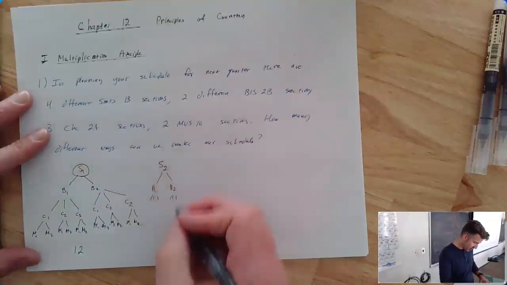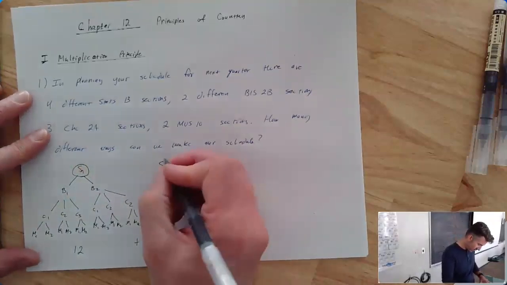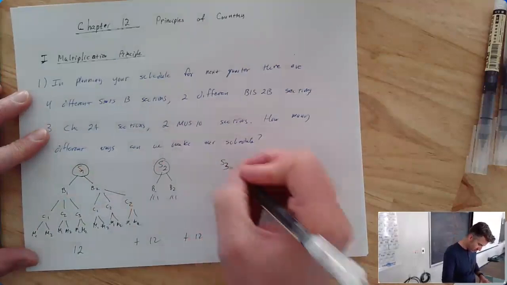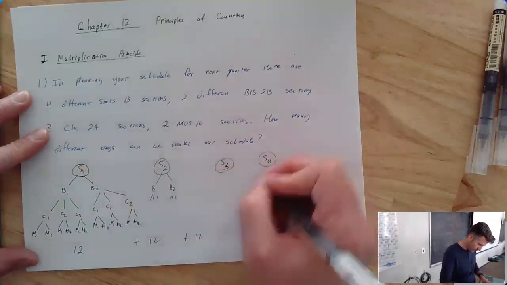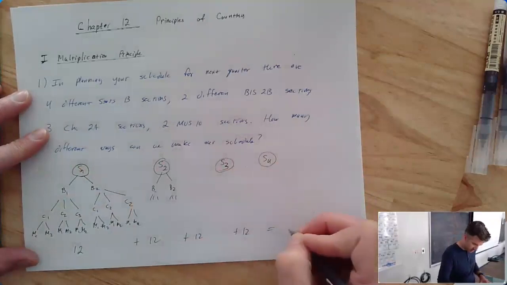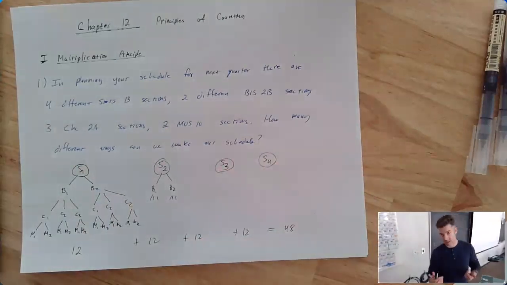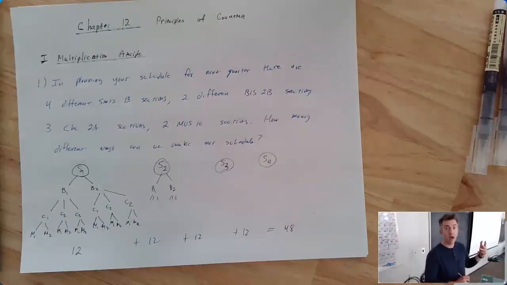And then there would be 12 more if I picked the second section, and 12 more for the third section, and 12 more for the fourth section. So it looks like there should be a total of 48 different schedules I could come up with, taking a stats class, a chem class, a bio class, and a music class.